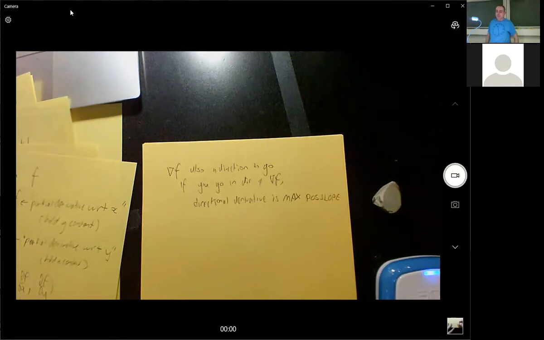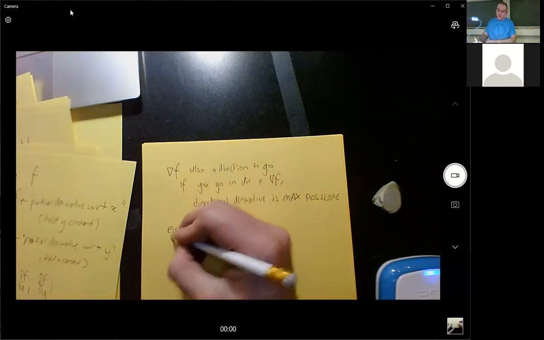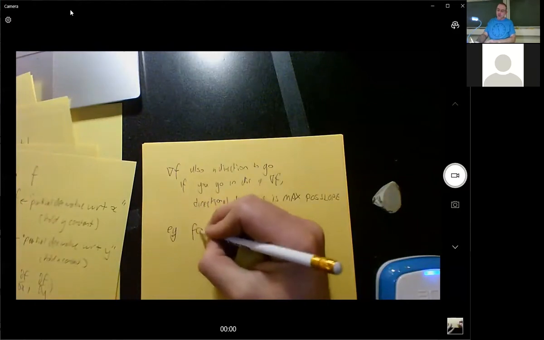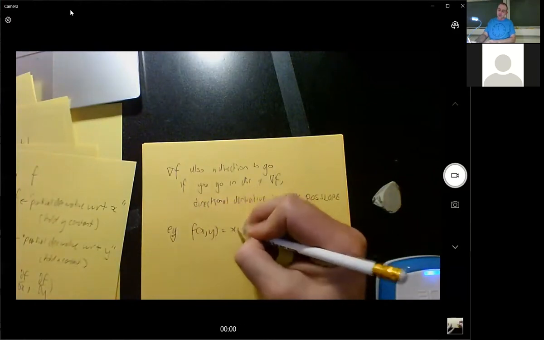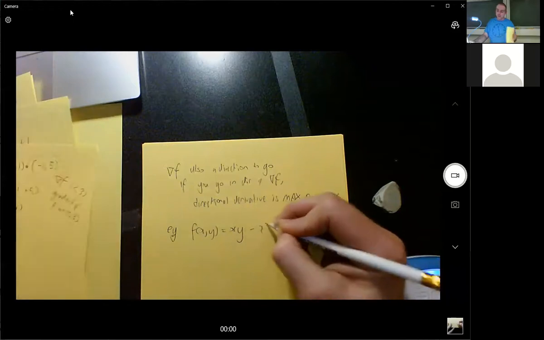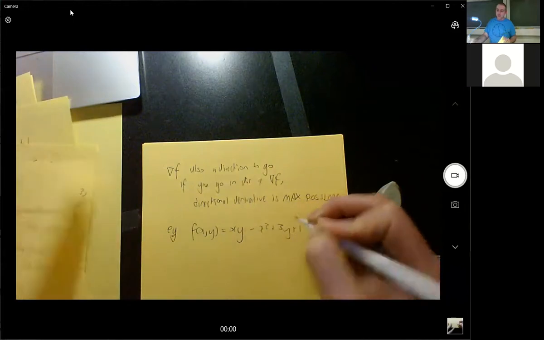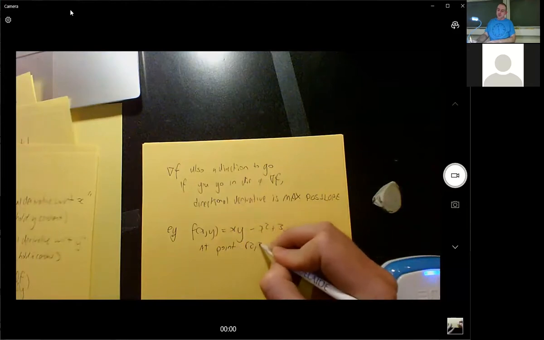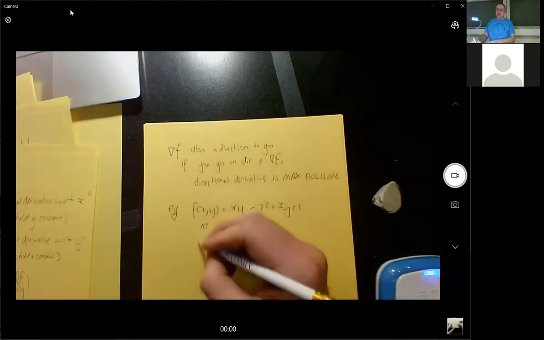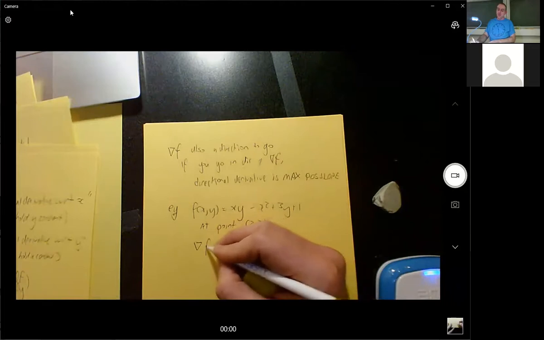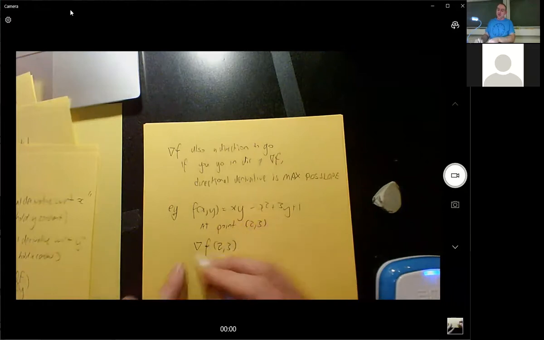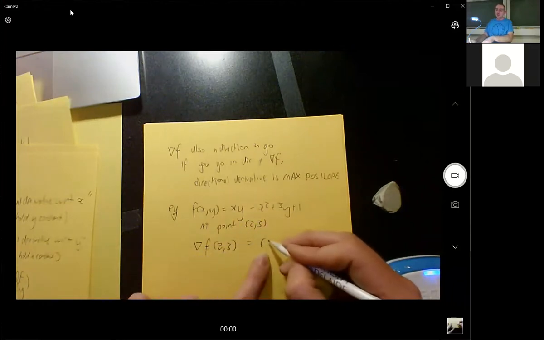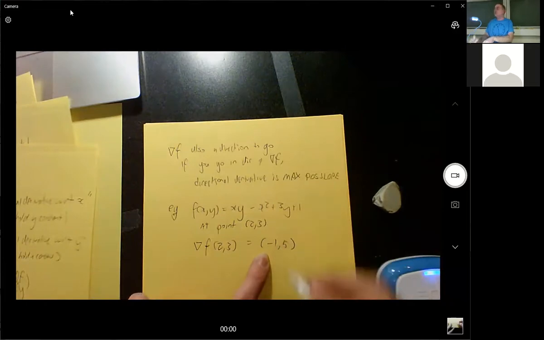Okay. So for example, my original function, the one that I was thinking of before, at the point 2,3, I know that the gradient at this point I already figured out. The gradient of f at the point 2,3 is the vector minus 1, 5.